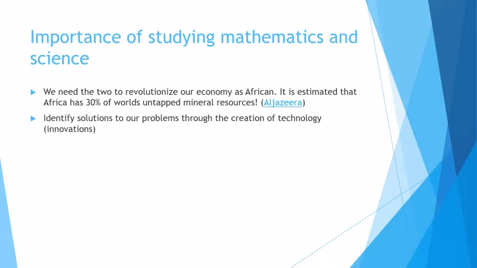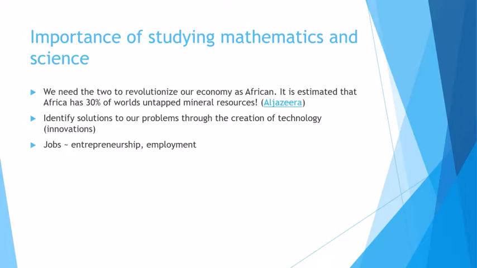Number 2 is to identify solutions to our problems through the creation of technology, and that is innovations. When you understand mathematics and science, those are the basics of finding solutions to our day-to-day problems, and therefore they are very important. Number 3 is jobs.